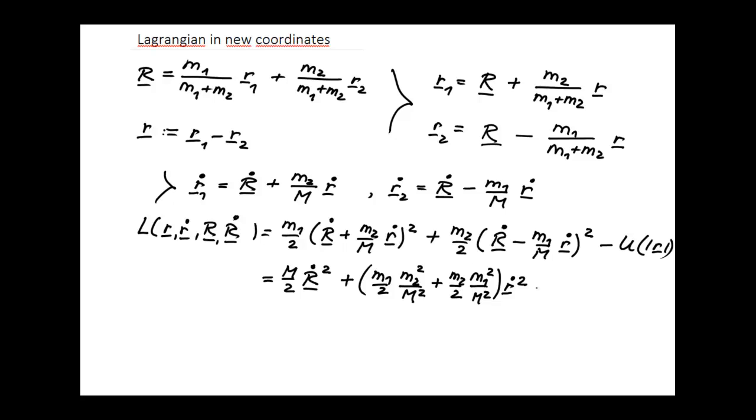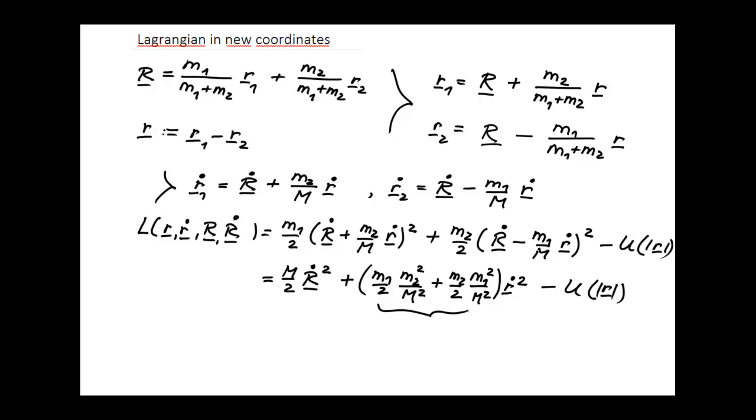All right, and then the potential energy. But what we have here is two terms that look very similar, only that in the first case we have m1 times m2 squared, and in the second case we have m2 times m1 squared. We can factor out an m1 times m2, and then inside a bracket we have m2 plus m1, which is the total mass, which cancels against one of the capital M's in the denominator.